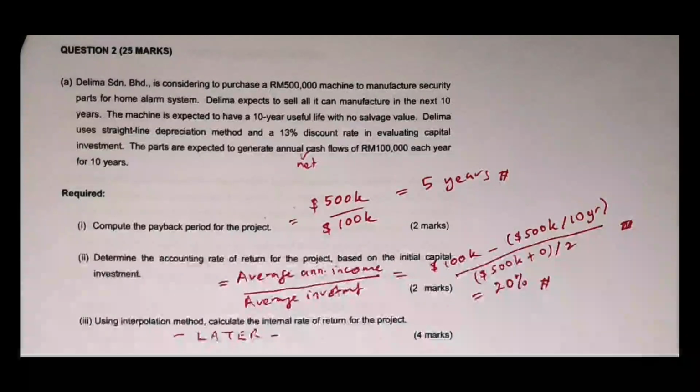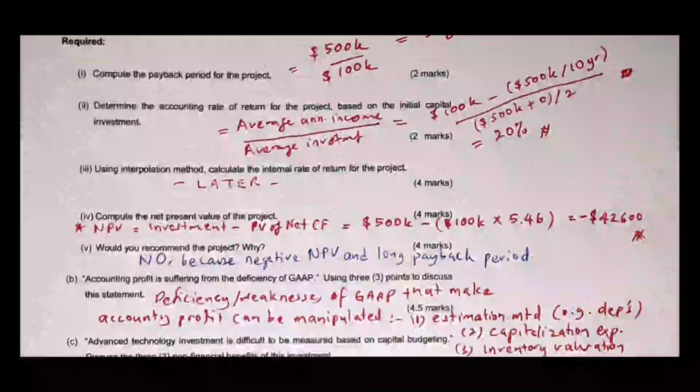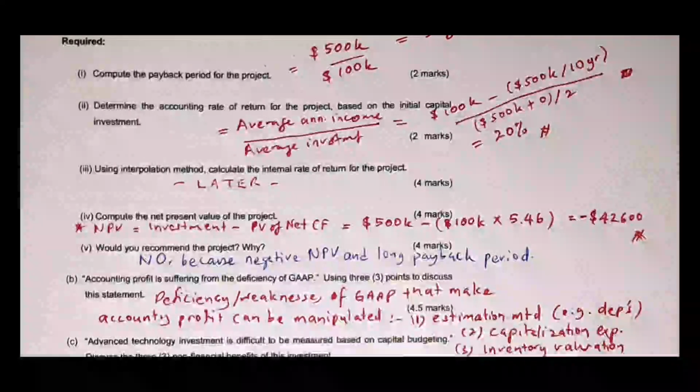First, you have learned how to apply the payback period method, and then how to calculate the accounting rate of return, or to use the accounting rate of return method to analyze an investment.